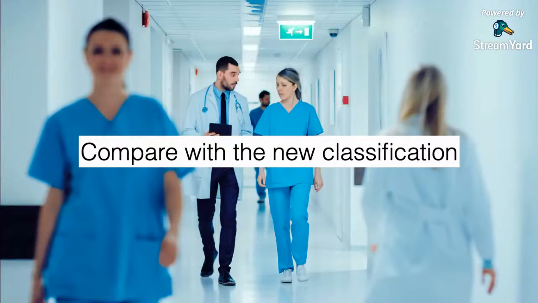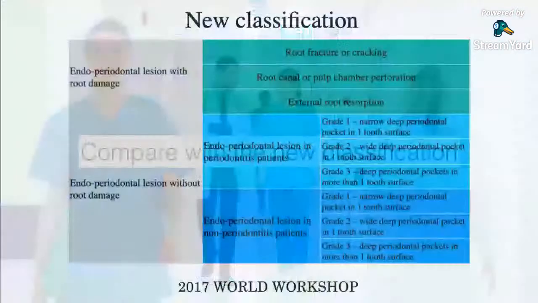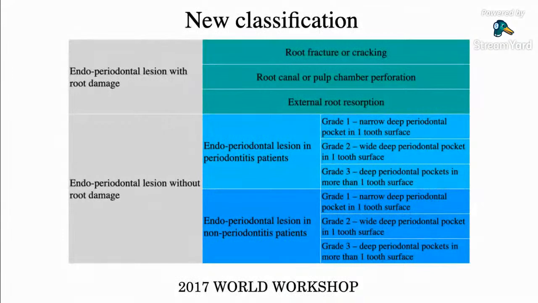And lastly, let's compare with the new classification. In the World Workshop periodontal new classification, the Endo-Perio part is divided into first two groups: Endo-Perio lesions with root damage or without root damage, like root fracture, cracking, root canal perforation, and external root resorption.